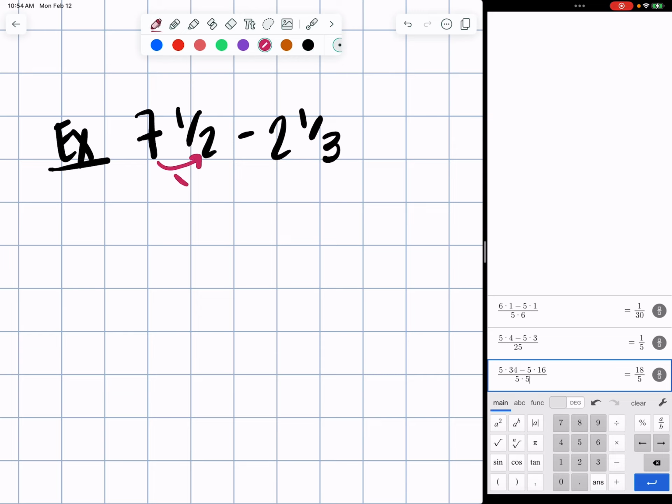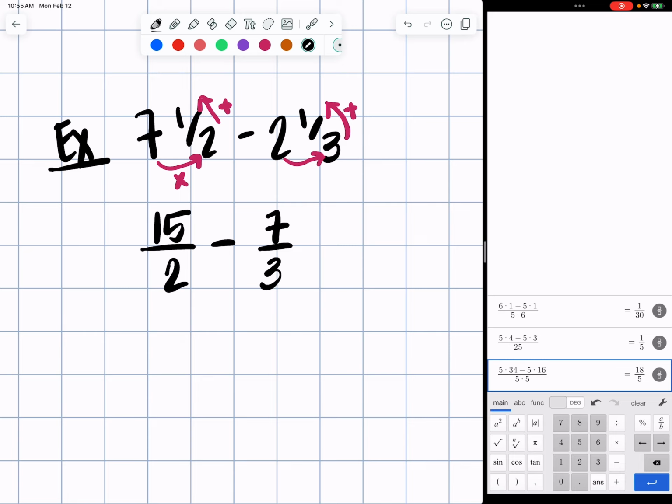So I'm going to multiply 7 times 2 and add the 1. 7 times 2 is 14 plus 1 is 15, so this becomes 15 over 2. Now I'm going to multiply 2 times 3 and add the 1. 2 times 3 is 6 plus 1 is 7, so this becomes 7 over 3.